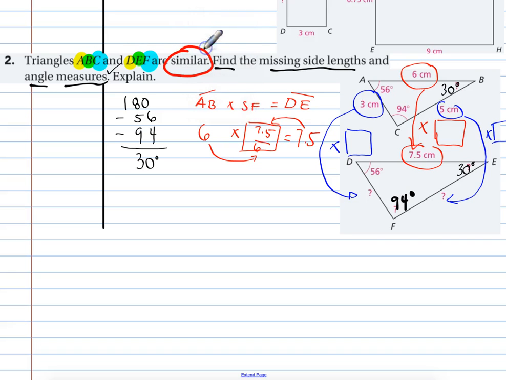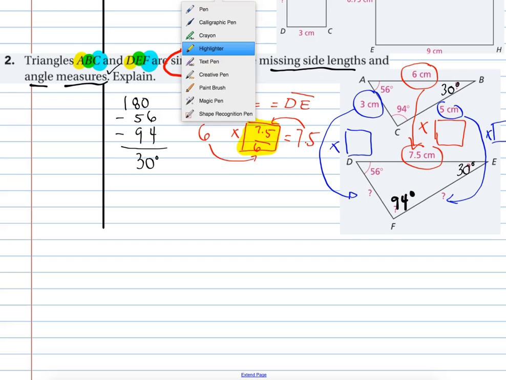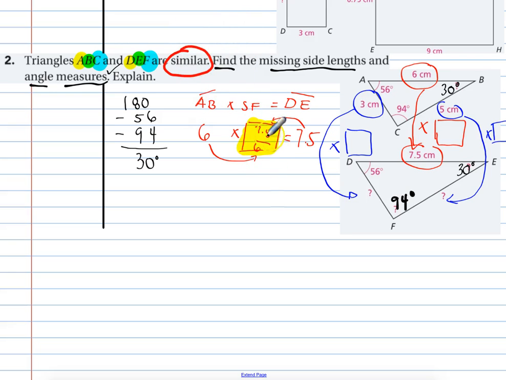I'm going to use that number again. This is my scale factor. Actually, I don't like that color. This is my number that I want to use over and over again. Now that number doesn't look so good to me, so I'm just going to reduce it if I can. I can divide by, I think, 1.5.